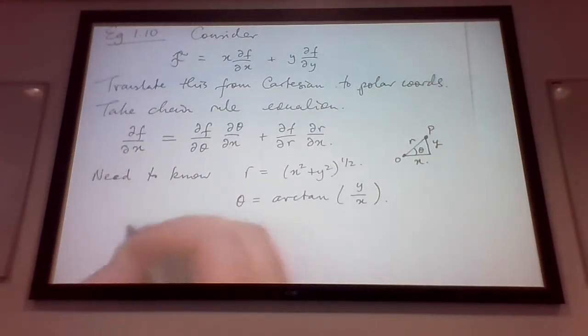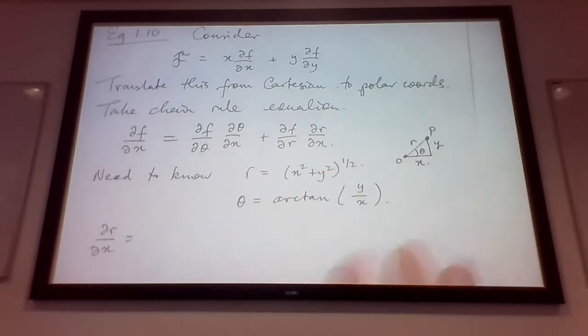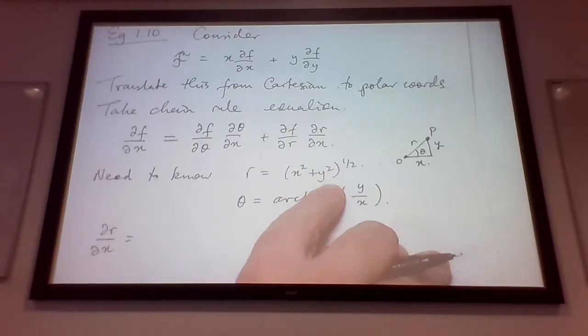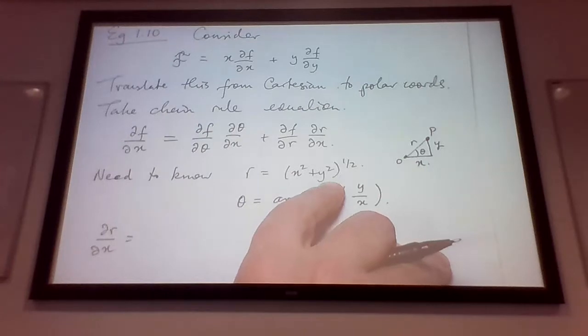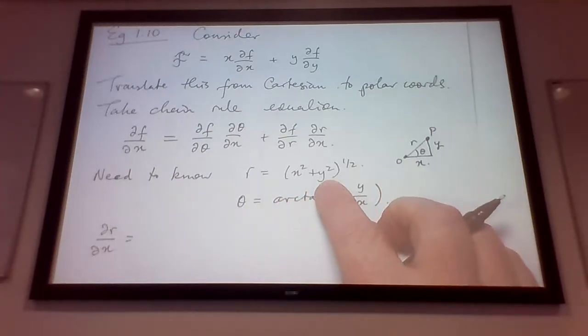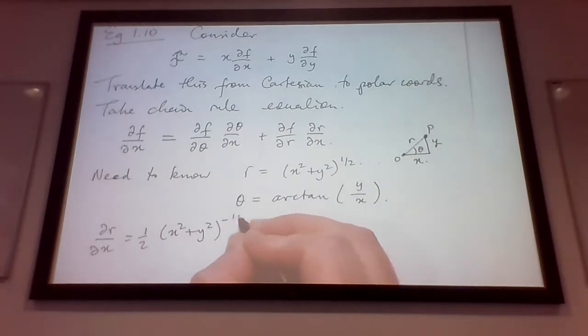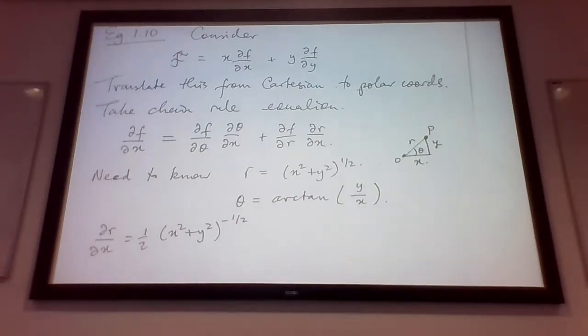So these partial derivatives, dr dx and d theta dx, well, dr dx, I can differentiate this quantity with respect to x. Remember, you treat the y variable as if it's a constant. So you have to use the single variable chain rule idea here. So you're differentiating this bracket to the power half, so it's going to be a half times the bracket. You reduce the exponent by 1, so the new exponent in the bracket is minus a half.